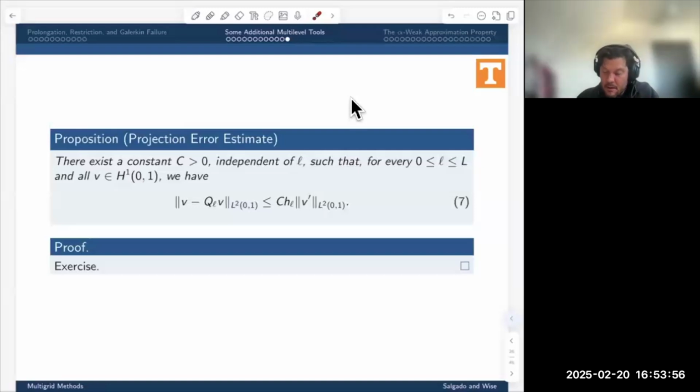Suppose that L is between 0 and capital L inclusive. Then there exists a constant independent of L such that for every V in H1, this one does not have to be equal to H1 0.